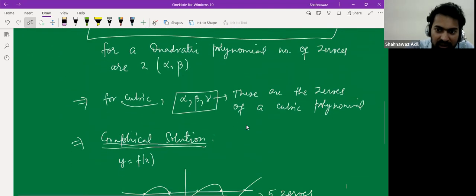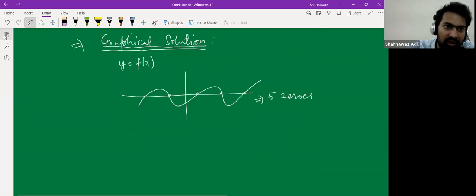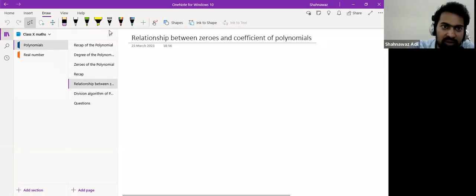So let's start with the next topic. The next topic is the relation between zeros and the coefficients of polynomials.